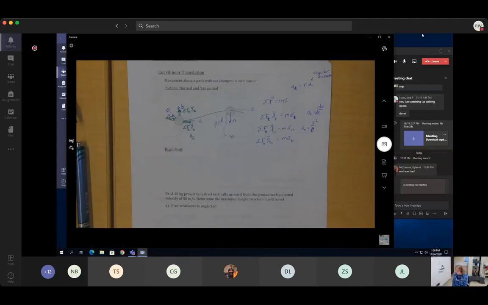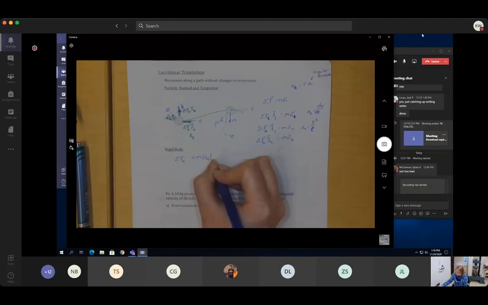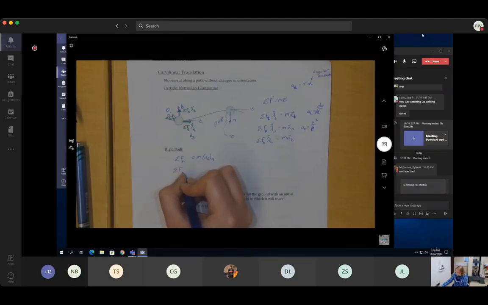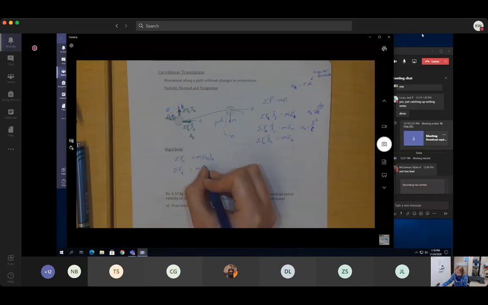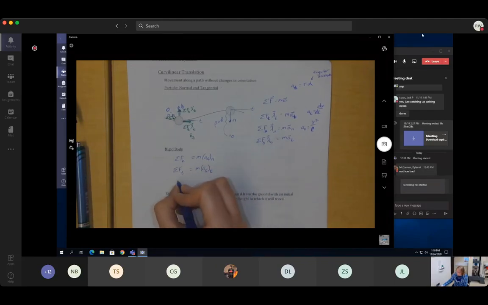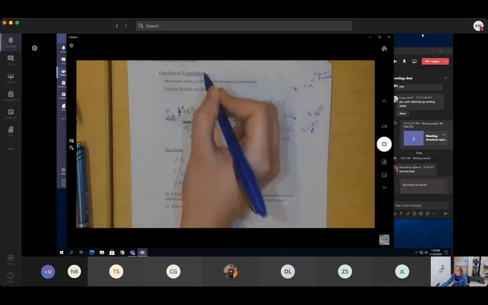Okay, and then with rigid bodies for curvilinear translation, we have a sum of forces in our normal direction gives us mass times the acceleration of the center of gravity in the normal direction. Sum of forces in the tangential direction gives mass times acceleration of the center of gravity in the tangential direction. And sum of moments about the center of gravity are still 0 because we're still translating.